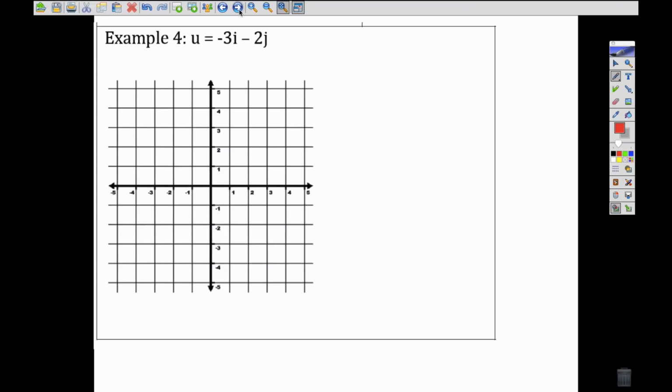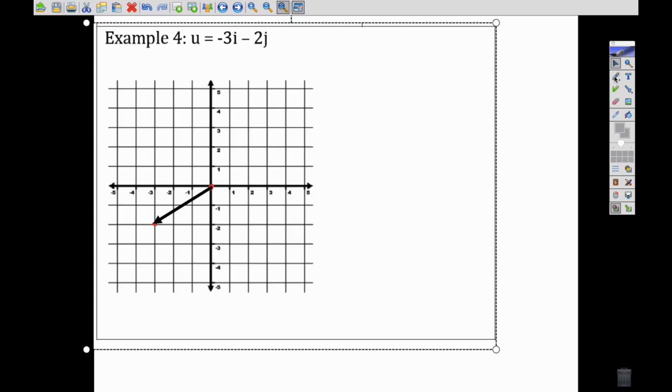All right, example 4. This one is given in ij notation. I'm just going to start at the origin, and it says -3. That's the horizontal component, so 1, 2, 3. And -2 in the vertical direction, so I count 2 down, and I have my vector. That's a little bit off, but you get the idea.